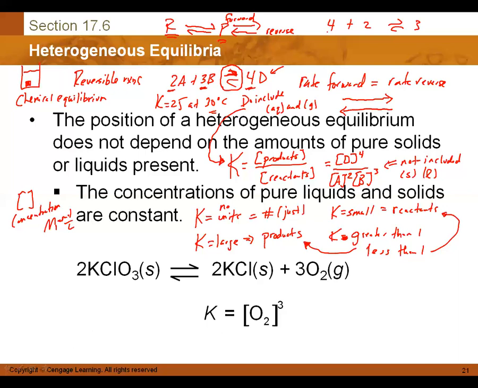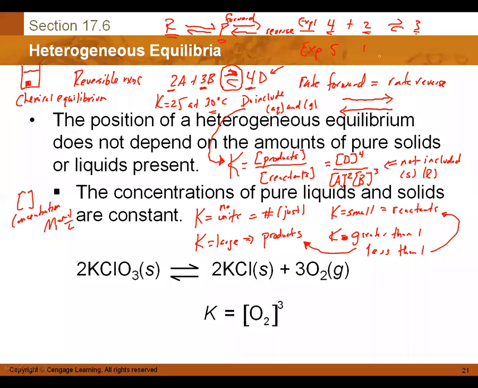And that's sometimes hard for people to visualize. So what I'm trying to explain here is, for example, say in experiment 1, you had 4 of one reactant, 2 of the other, and you got 3 of the other. And then if you did another experiment where you started with 5 of the first reactant, and 1 of the next reactant, and whatever it made on the other side.